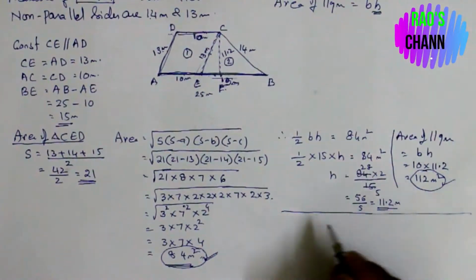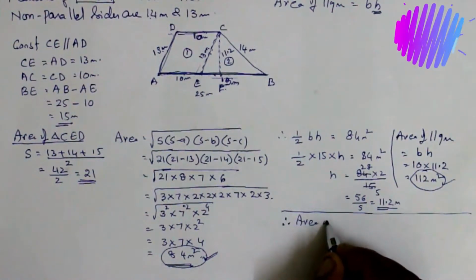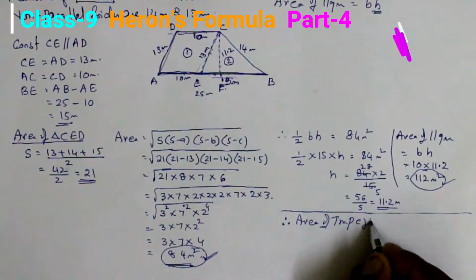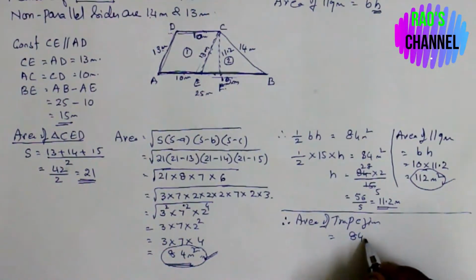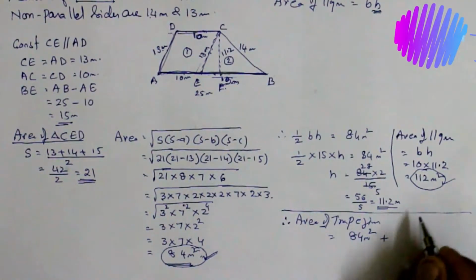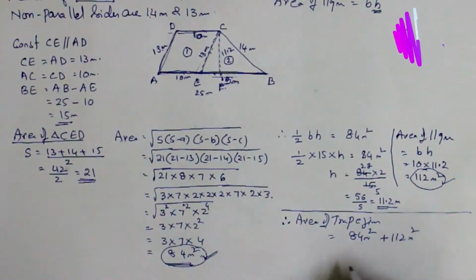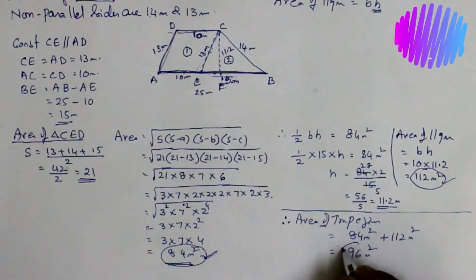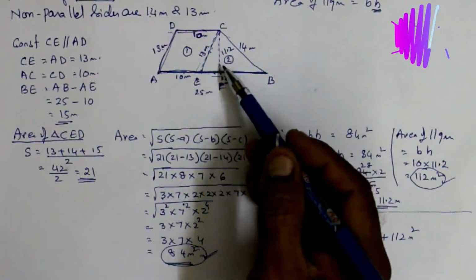Finally we conclude, therefore area of trapezium is equal to 84, which is the area of the triangle, and area of the parallelogram 112 meters square. Together we get 196 meters square.